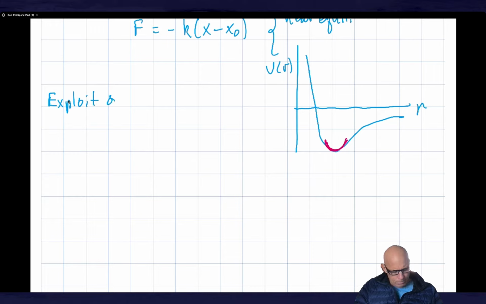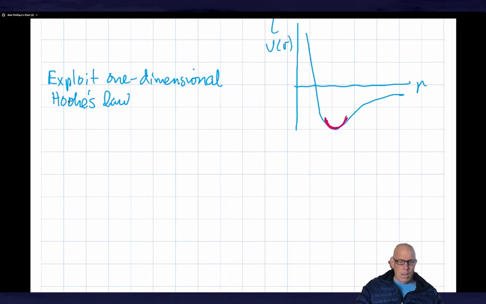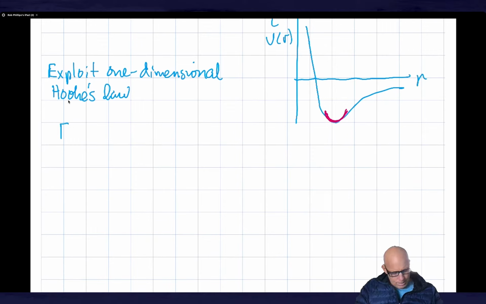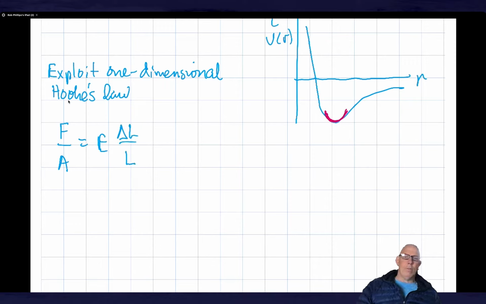Okay, and further, what we're going to do is exploit the one-dimensional Hooke's law. What I mean by that is that I told you the other day that in the one-dimensional incarnation, we can write the force per unit area. This was, you'll recall, the stress, and this was the strain.